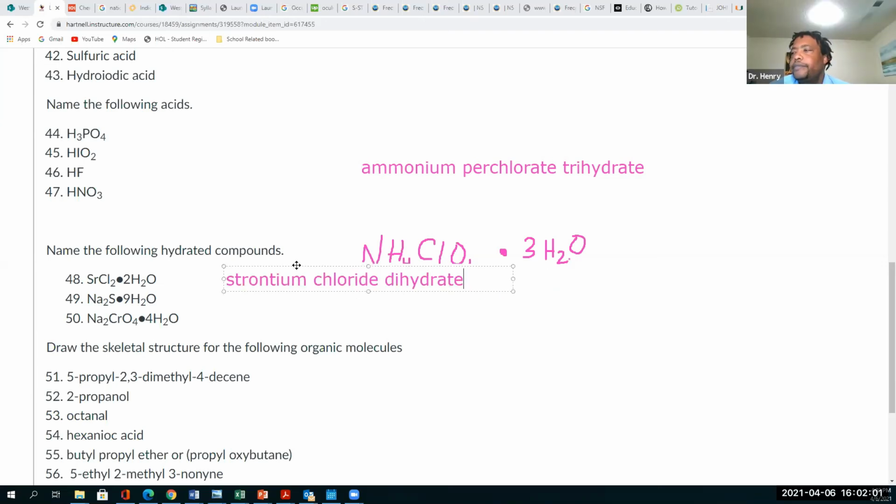Does that make sense? Brianna, it's chloride because chlorine is a diatomic, correct? Nope. It's chloride because chloride is a negative ion. Okay. Yep.